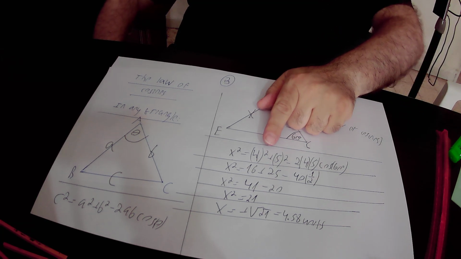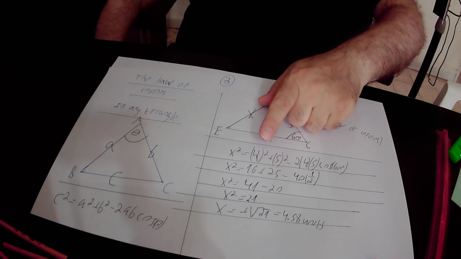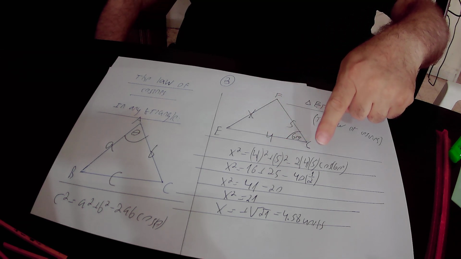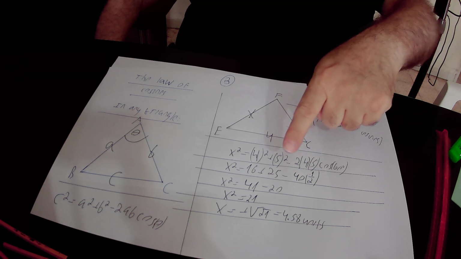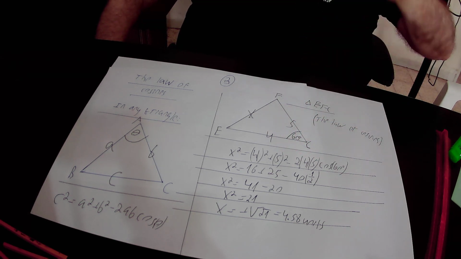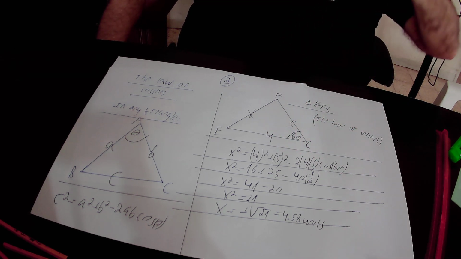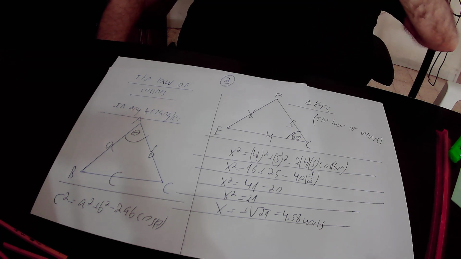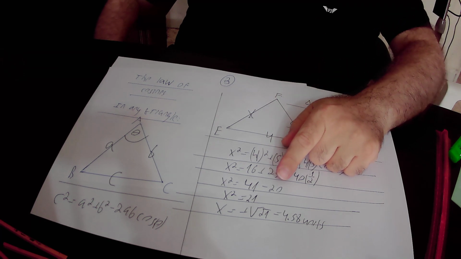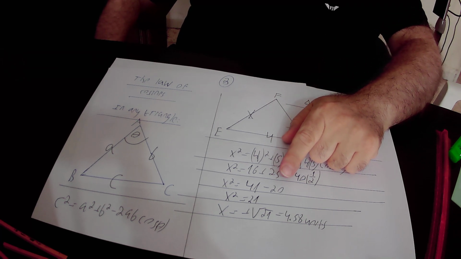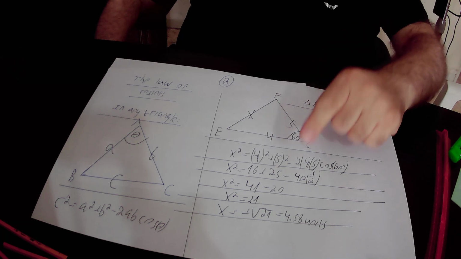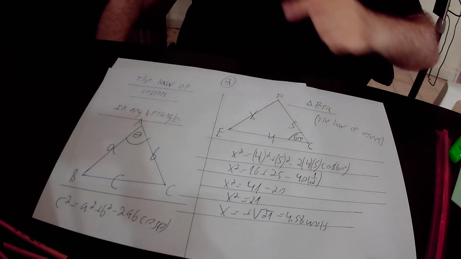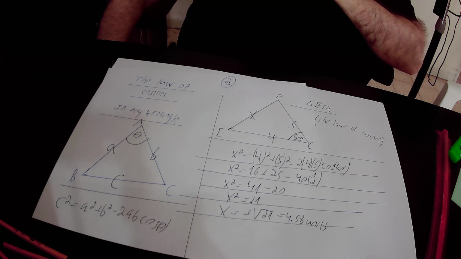Then 16 plus 25 is 41, and minus 40 over 2 is minus 20. So x squared equals 41 minus 20. 41 minus 20 is 21, so x squared equals 21. We took a root of this equation and found out that x equals the square root of 21, the positive square root of 21. Or in terms of numbers, it is equal to 4.58 units.